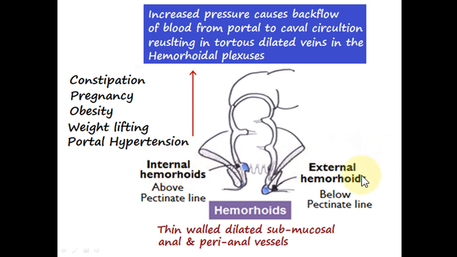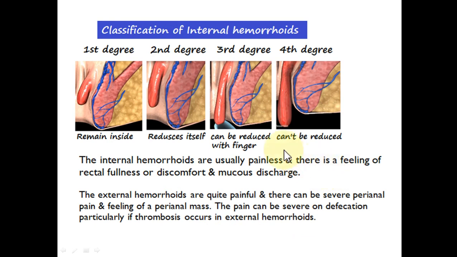But the external hemorrhoids, since they are supplied by the sensory nerves and they belong to the tissue of ectodermal origin like skin, are very painful and very problematic for the patient, particularly if the external hemorrhoids become thrombosed. So hemorrhoids are thin-walled, dilated, submucosal, perianal, and anal vessels.